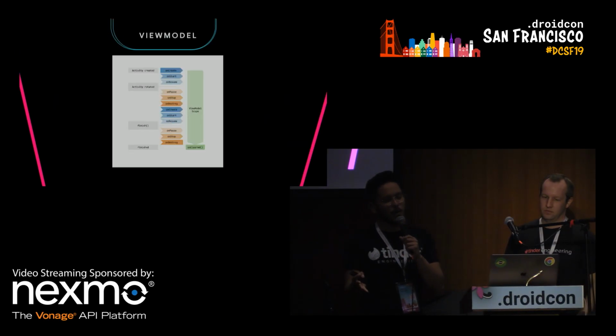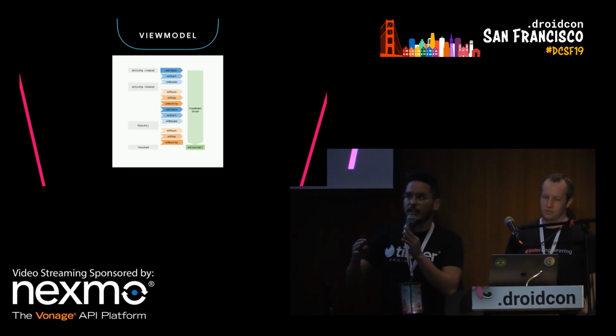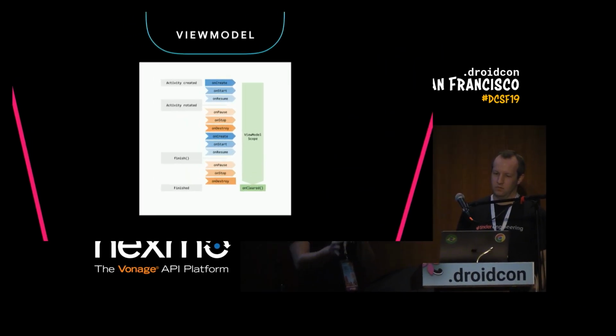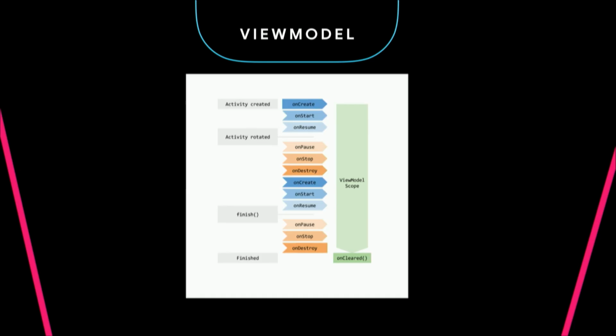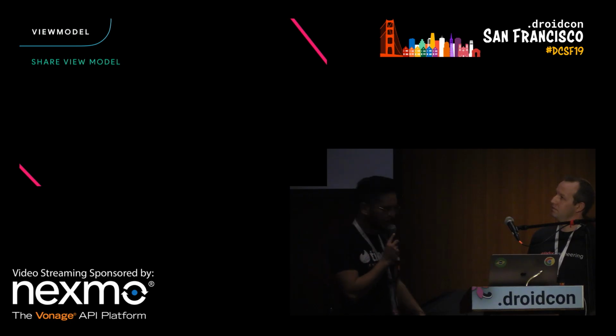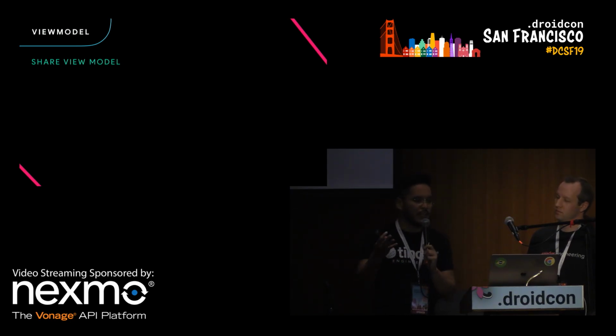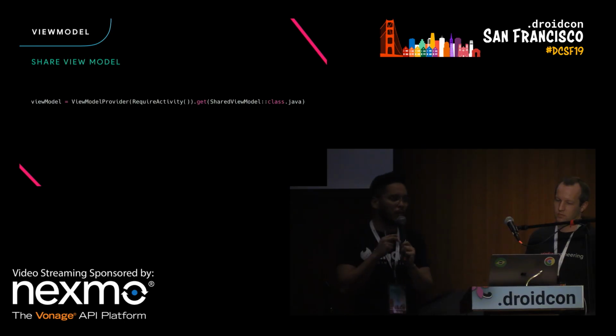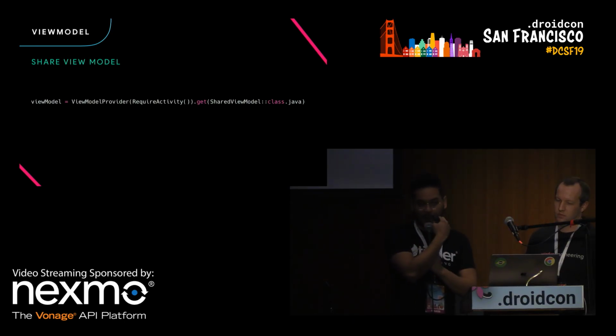Now, if we look at the view model, it's different and it's pretty cool because it survives longer than an activity or fragment does. If any configuration change happens, the view model will still be there and will still be holding the data that we need inside of it, right? Cool. So if we think about the shared view model part of it that Google suggests us to use, the way it works is right here, we ask for the view model using the view model provider, and then we pass the activity.